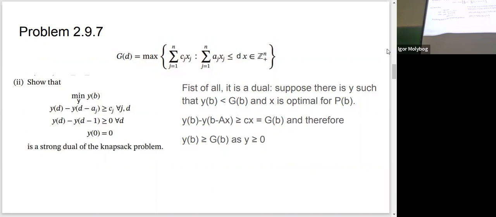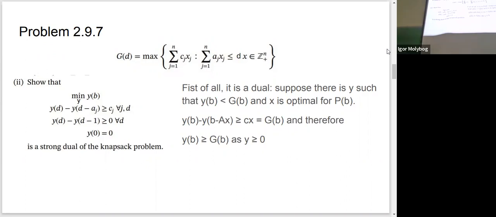If we sum these two things up, we will get an inequality: y of b minus y of b minus a1 plus y of b minus a1 minus y of b minus 2a1 greater than or equal than 2c1.